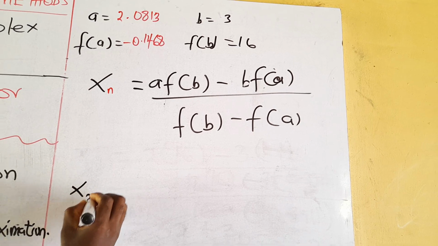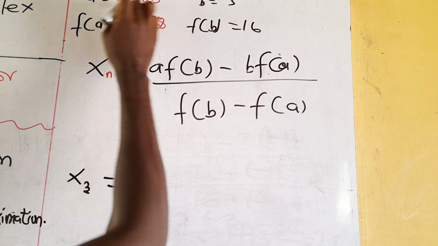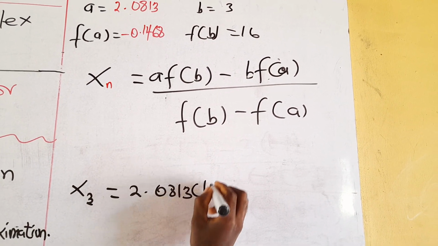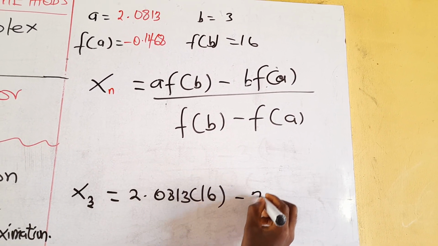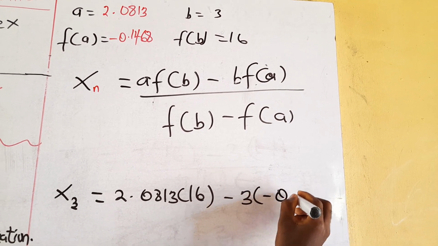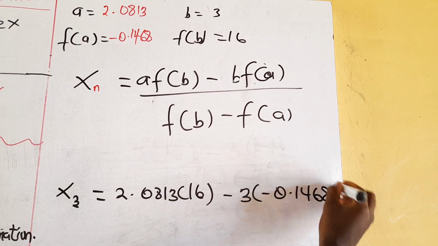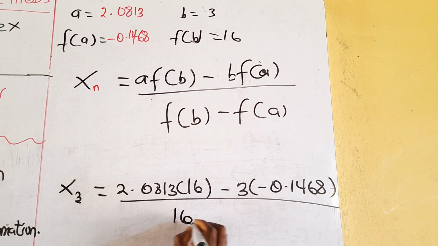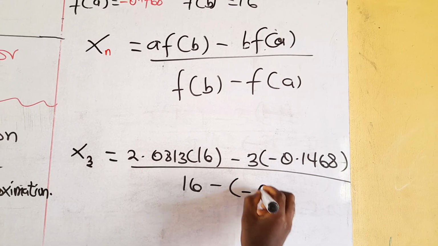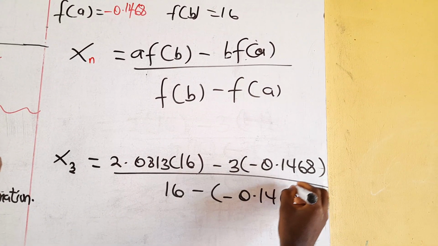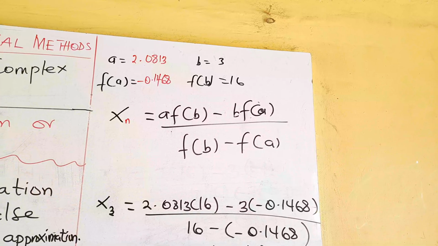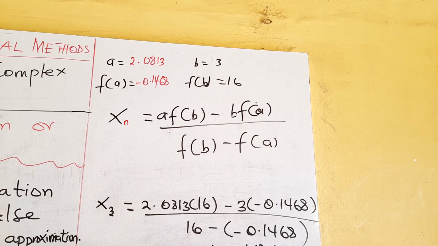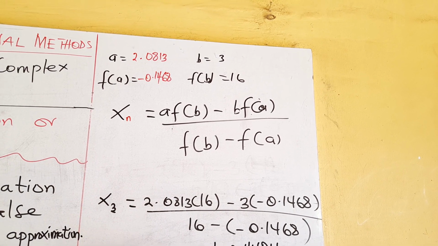So we can find our third approximation, x3. So x3 will be equal to 2.0813 times 16, then minus 3 times negative 0.1468, all over f of B, which is 16, minus f of A, which is negative 0.1468. When we evaluate that, 16 multiplied by 2.0813, we get 33.3008.